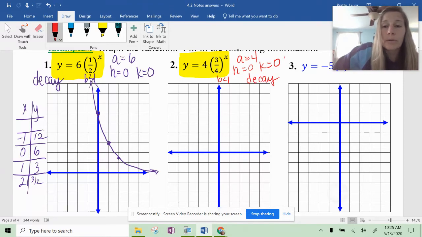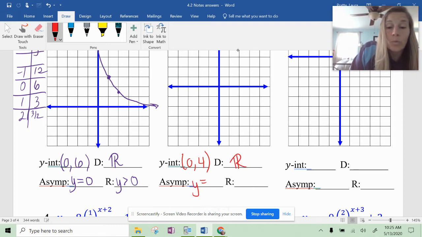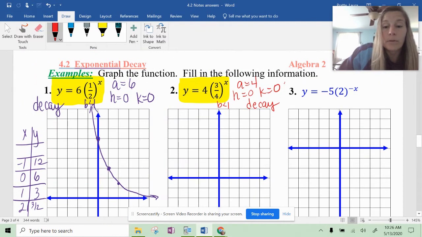So now to go down to the bottom, the y-intercept then will be 0, 4. Since there's no h and k, the domain is always all real numbers. The asymptote is y equals 0, because that's the k value, and the range will be y is greater than 0.